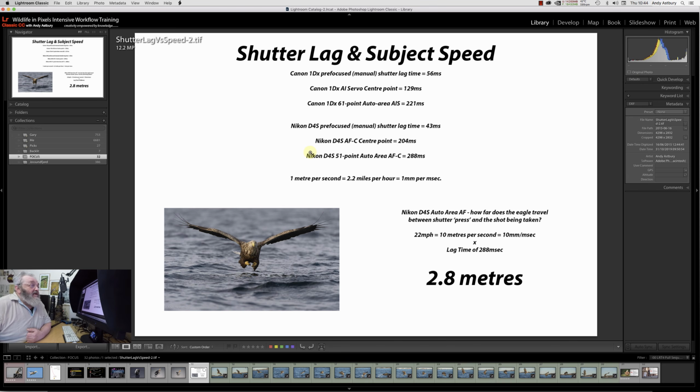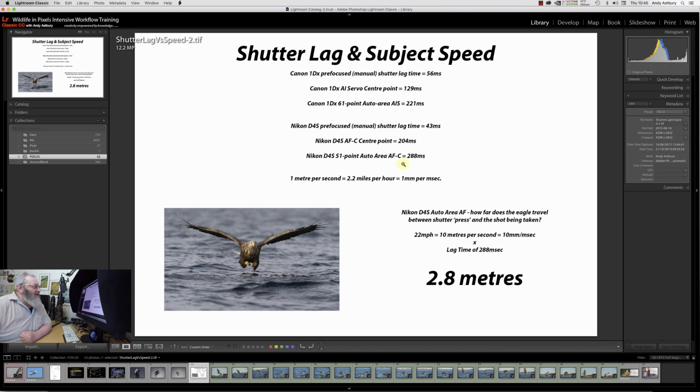I'll find all the information for a Nikon D4 and D4S, and I can find all the information for a Canon 1DX. But you can see a 1DX with 61 point auto area, that's all the 61 points turned on, working as a massive group. The shutter lag time is 221 milliseconds. Doing the same thing on a Nikon D4S, the total shutter lag time is 288 milliseconds.